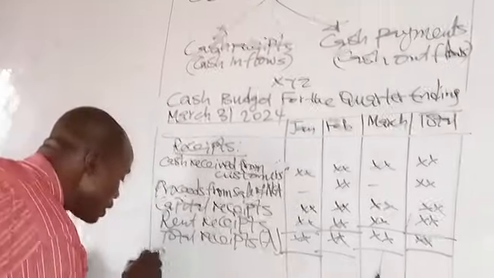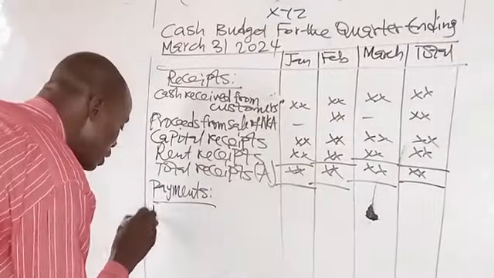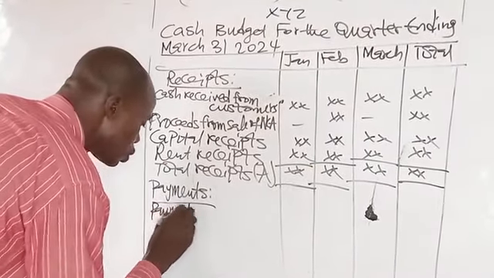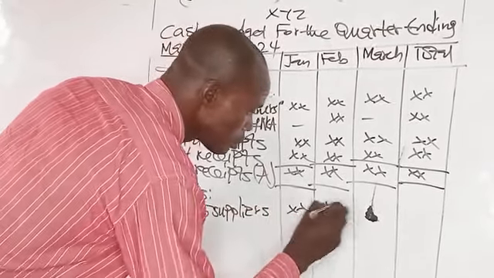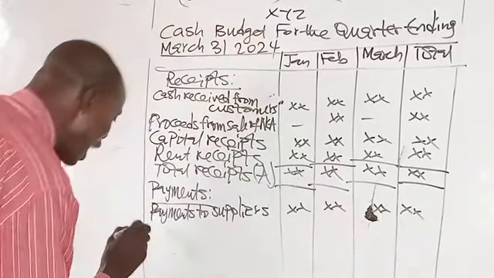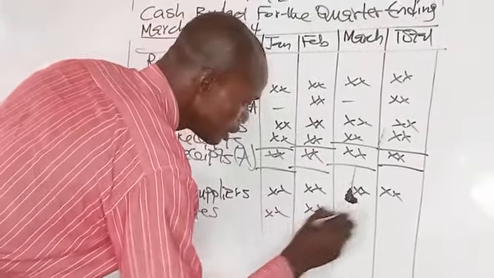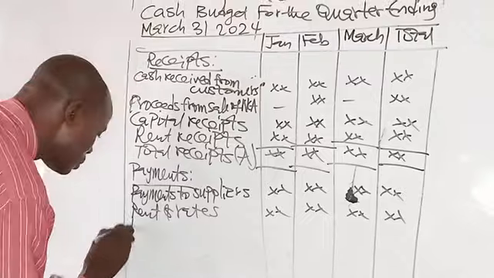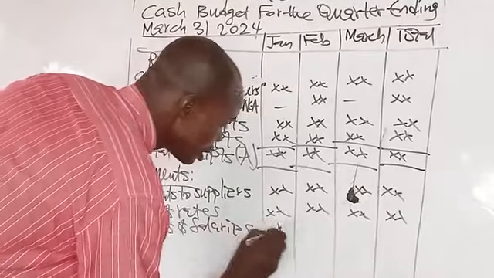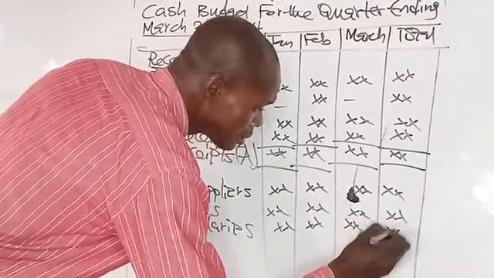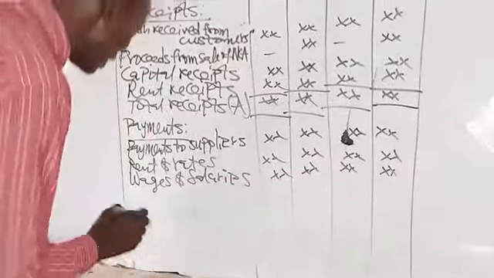After receipts, you have payments. Payments to suppliers, rent and rates, wages and salaries, payments for insurance, payment for transport expenses, all other payments.